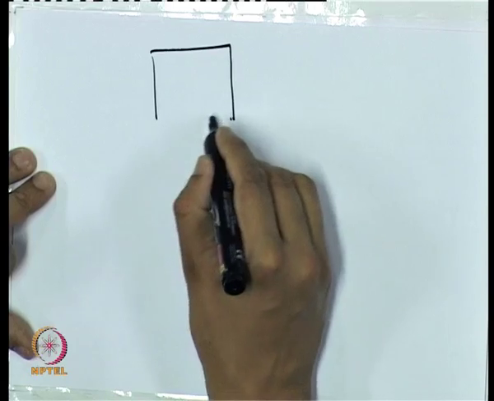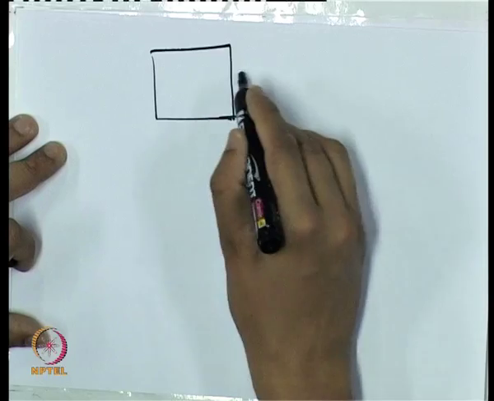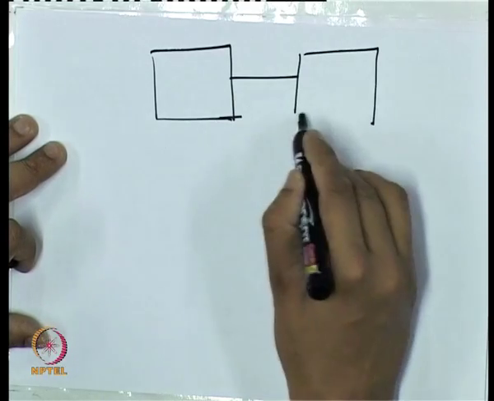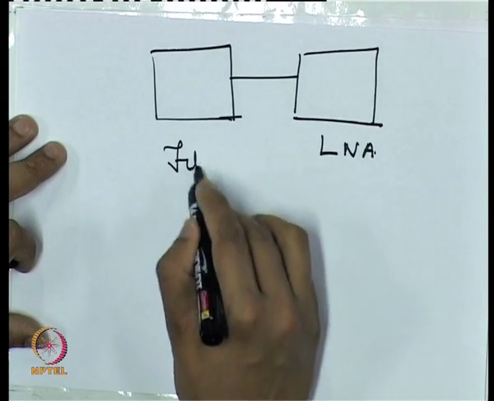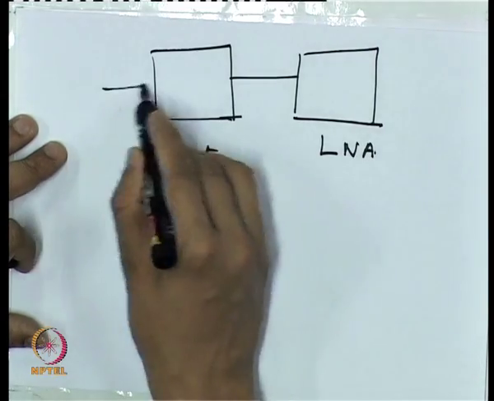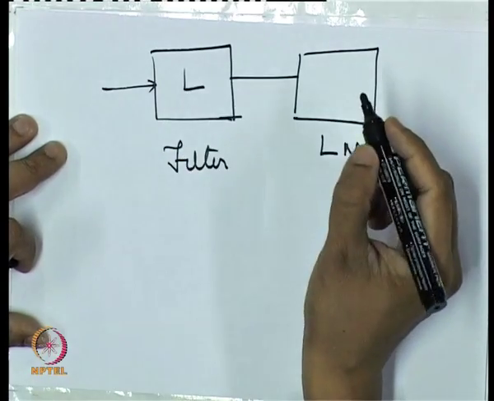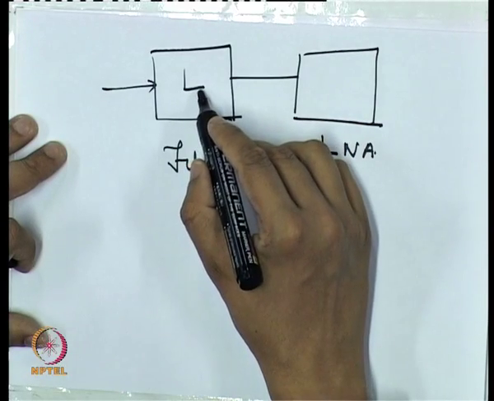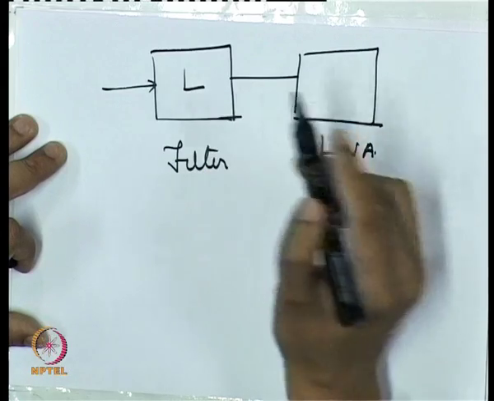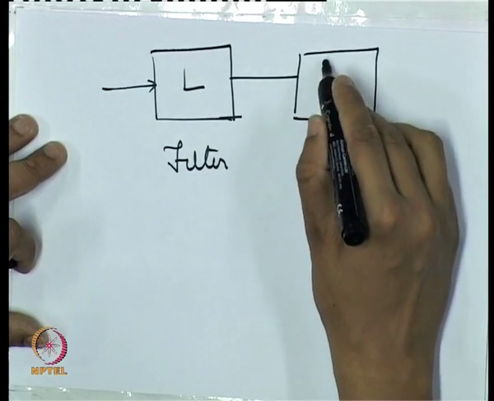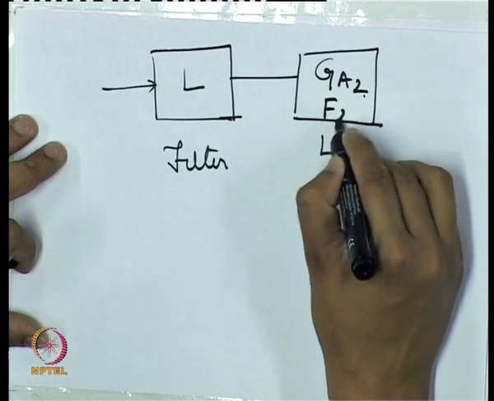So suppose we have an attenuator connected in cascade with a gain stage. Say this is an LNA and this is a filter. Now this is a passive stage, so it doesn't have any gain, instead it has an attenuation L. The noise figure of a passive device, that is one which attenuates a signal, is the same as the attenuation. But this LNA will have, say, a gain A2 and a noise figure F2.